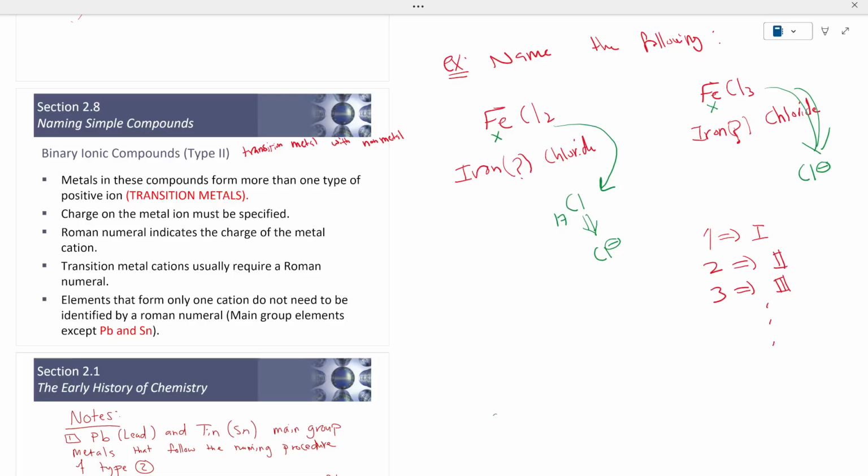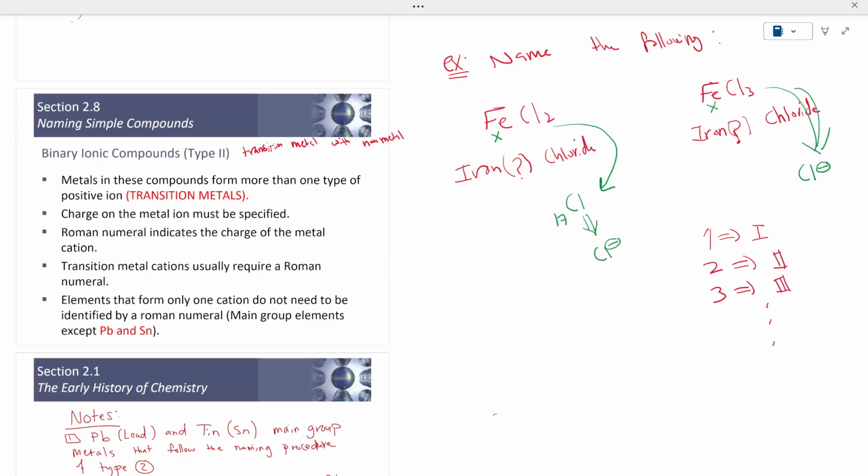Now, if you think about it in a logical way, you can conclude that the total charge of any compound equals the sum of the charges of its components. So here 0, this is the total charge of FeCl2. It must equal the charge of iron plus the charges of chlorine. Same thing for FeCl3.